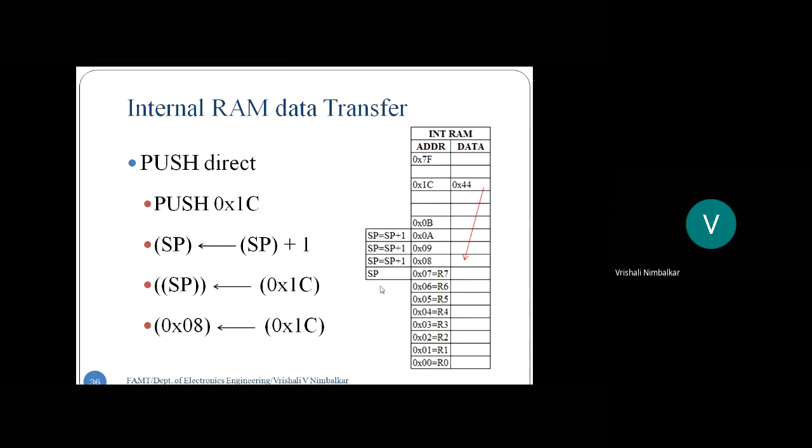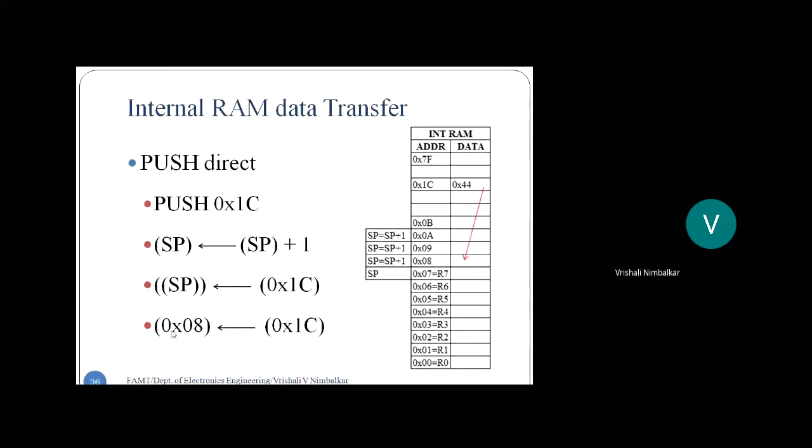By default, the stack pointer is pointing to 7, as 7 is stored in the stack pointer. As soon as we write the push instruction, SP will become SP plus 1. So the new address is 8 hex, and the stack pointer will now have 8 hex.